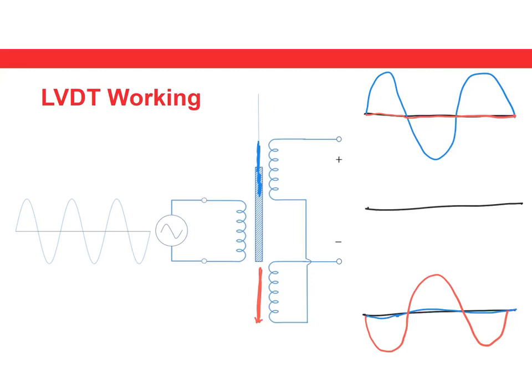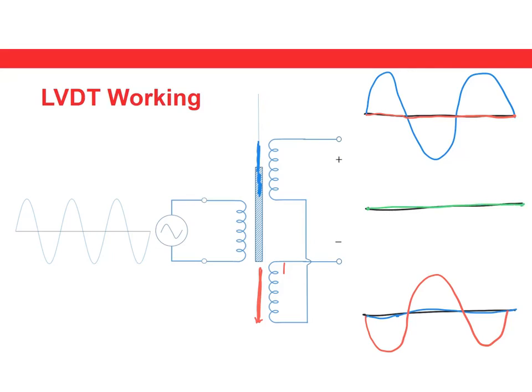Now the output of your LVDT is given by the difference of these two signals. So when the plunger is inducing equal amounts of magnetic field to both the secondary coils, we have a voltage that is 0.